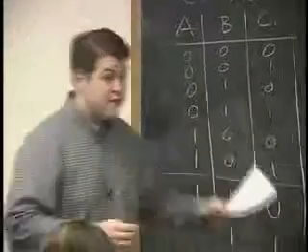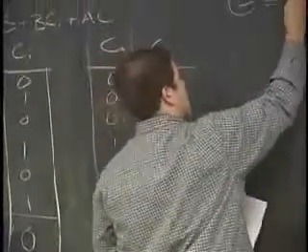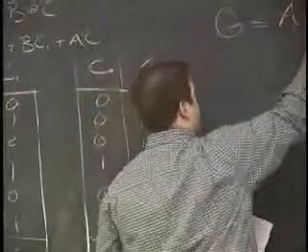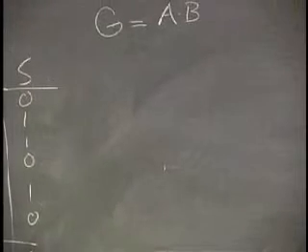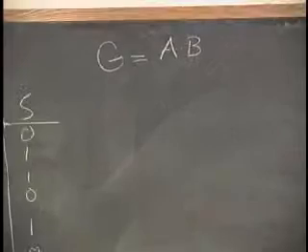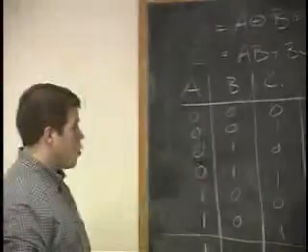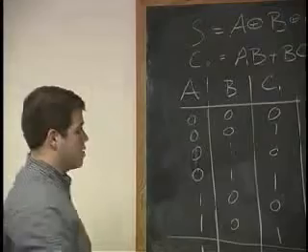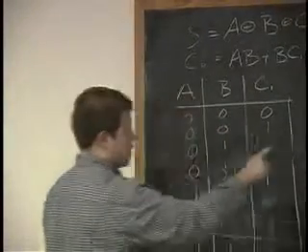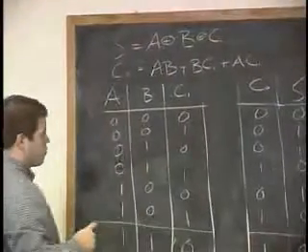So let's define. This is where we define our new functions. We define generate as A and B. Okay? Pretty simple, because whenever there's an A and a B, we know that we get a carry out. Now our next function is called propagate. And basically what propagate does is it looks at our carry out and says, okay, when do we propagate?